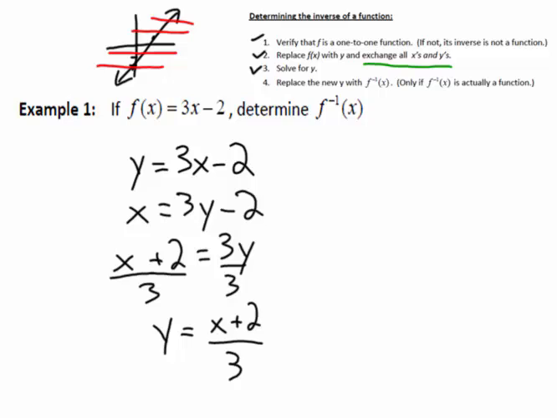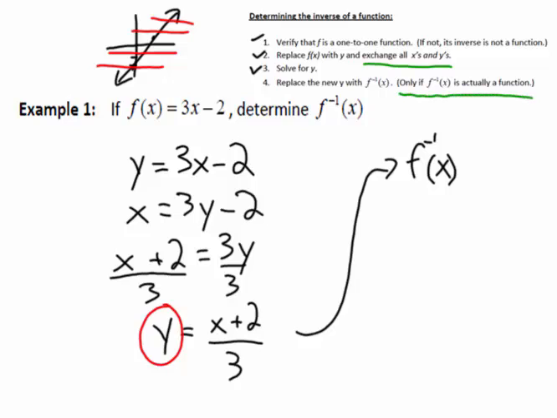Now, step 4 occurs if the one-to-one function test was true. Replace this new y with this new notation, f to the negative 1 of x. That means the inverse of f of x, because our original function was one-to-one.